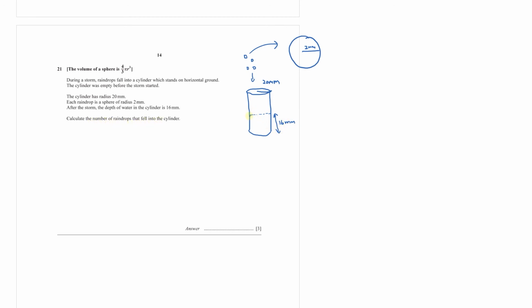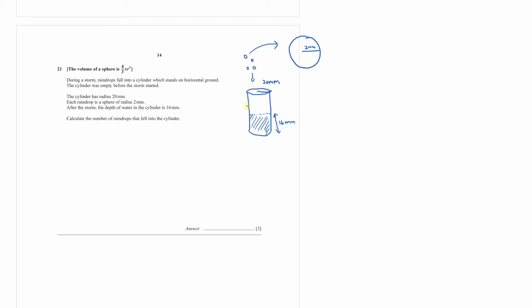So if the height of water here is 16 millimeters, the volume of water in the cylinder would be, we know that the formula for the volume of a cylinder is pi r squared h. So you know r, you also know h, which is the height of water. So I can calculate the volume of water in the cylinder by the formula pi r squared h, right? That will give me the volume of the water inside the cylinder.